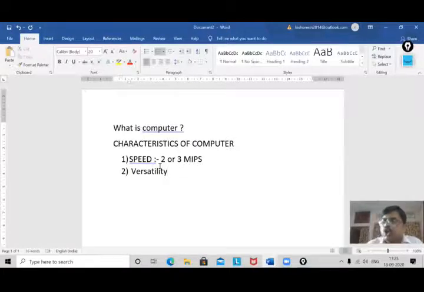Your tasks related to Word can be done. Your data in Excel can also be handled. If you want to do accounting, you can go for Tally. If you want to draw a picture, you can use MS Paint or another application. If you have to edit a picture, you can use the same computer for editing using Photoshop. That means a variety of jobs can be performed by the computer. That is why the computer is used everywhere.